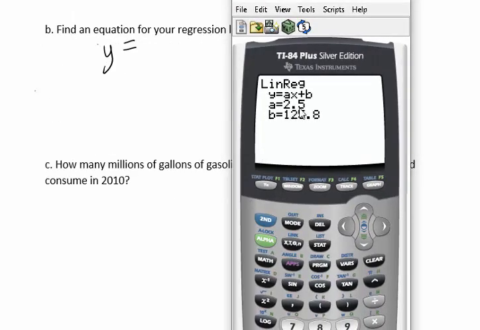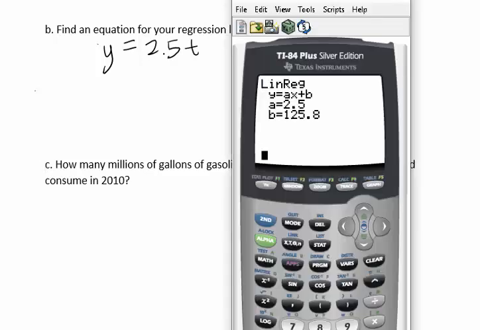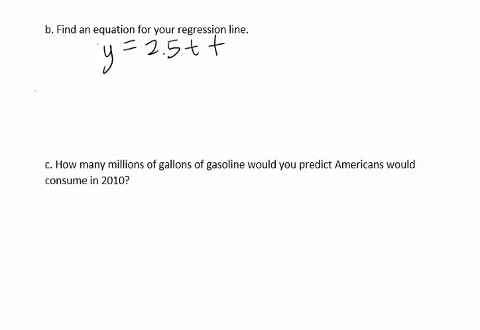Okay, so the slope of the regression line is 2.5, and so that's going to be the coefficient of your independent variable. In this case, it's going to be a t, and then plus b, and that was 125.8.